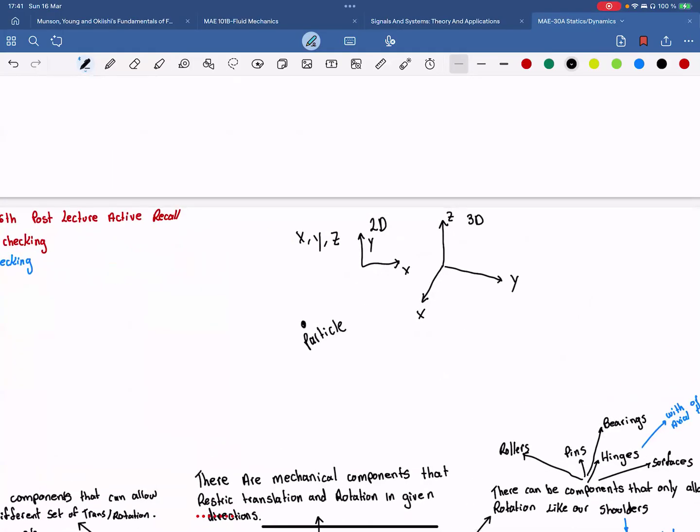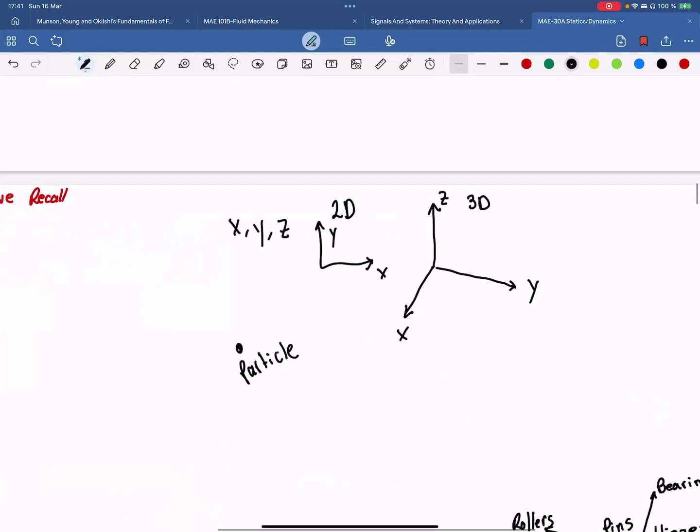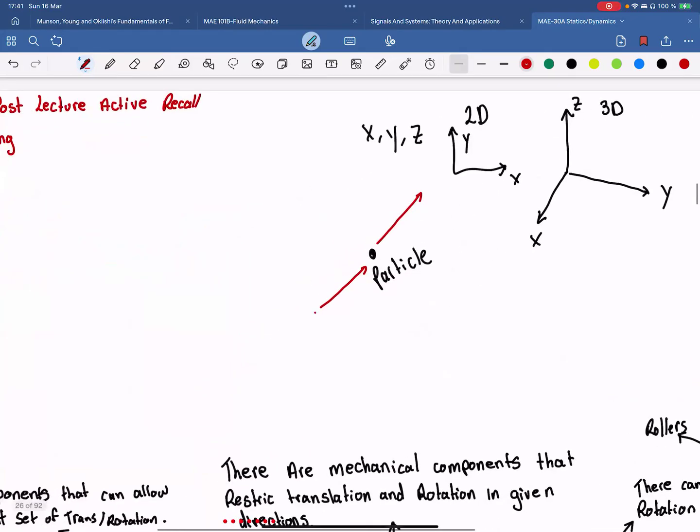For a particle, I can have forces acting on it, but we said that when a force acts on a particle, it's in the same line of action. Line of action means that if you extend the line of the force to infinity, that's the line of action of the force.